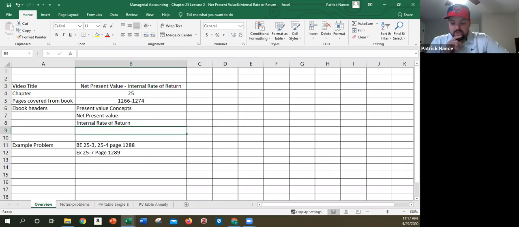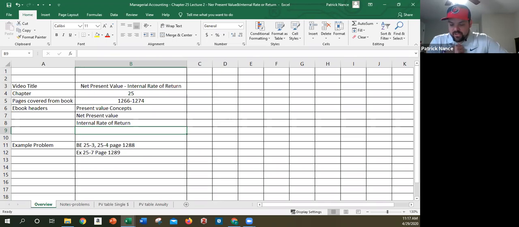So that's a future value, really. That's a compounding, a future value factor. We're doing the same thing, but in the opposite direction. If I have a value in the future that I want to discount back to its present value, I just do the opposite.